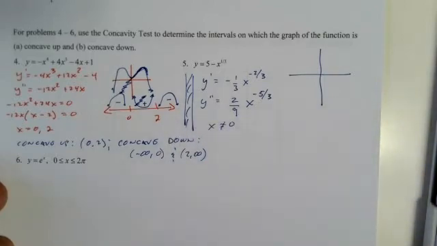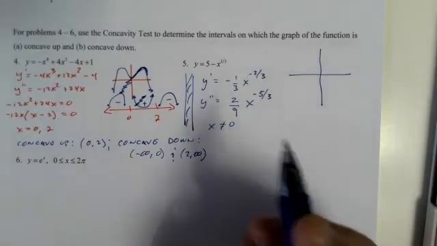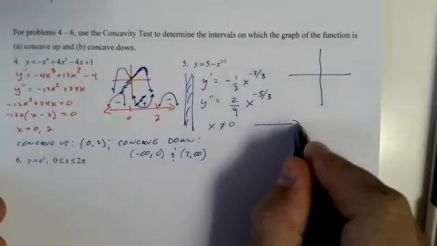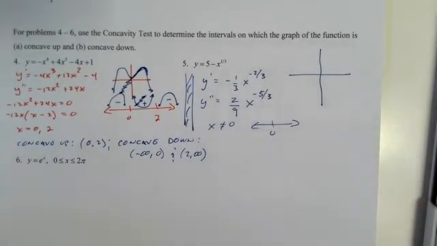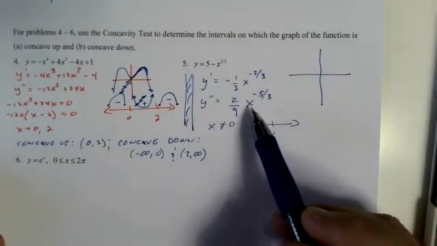So let's plug in some values. There is a point of interest at 0 because you can't put 0 into the derivative. So let's just try that. So let's try 1 into the second derivative and I get positive.